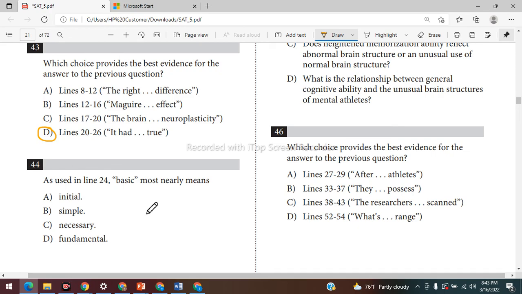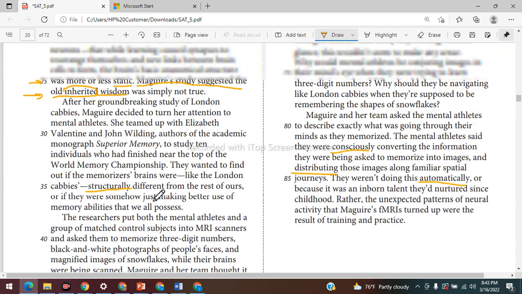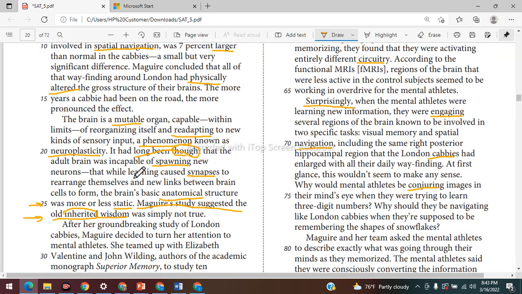We gotta go to line 24, eh? Let's see. Alright, so line 24 is 20, 21, 22, 23, 24. Yeah, simple. I see simple. 20, 21, 22. Basic, right there.